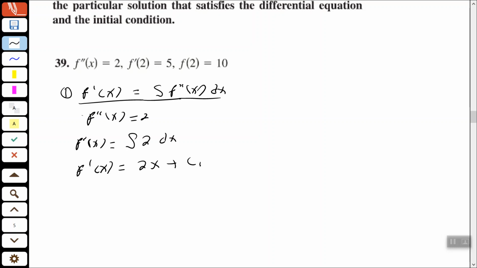And then we can find the value of c by using the information that says that f prime of 2 equals 5.